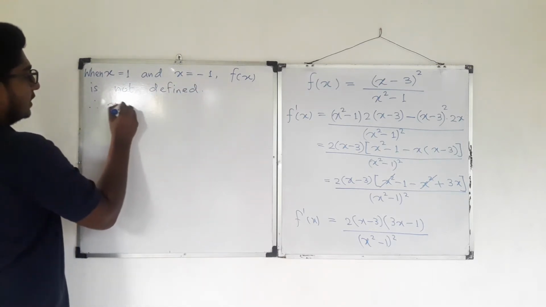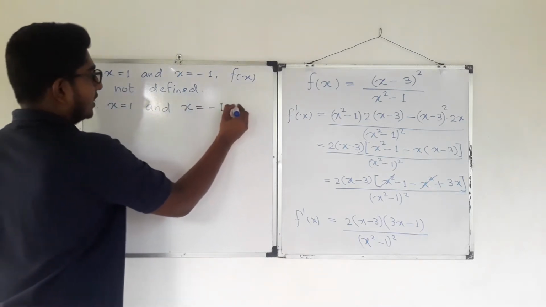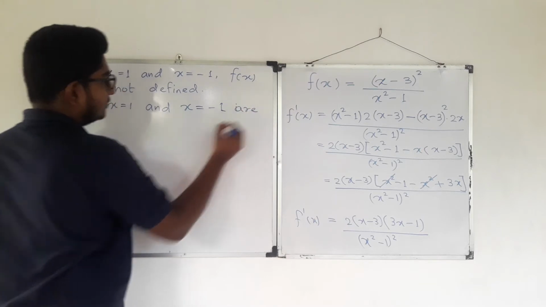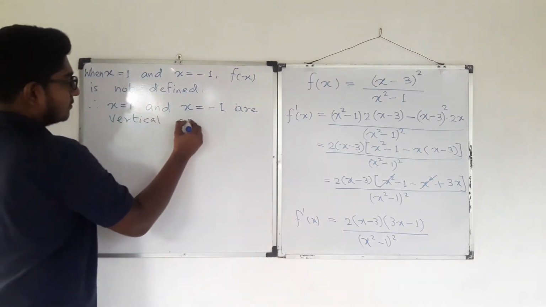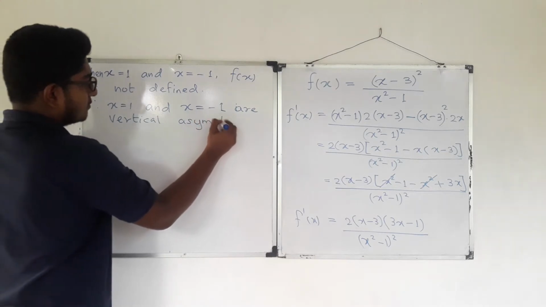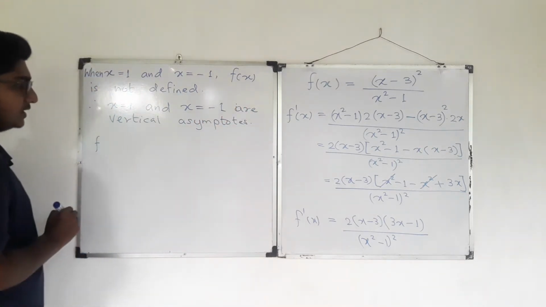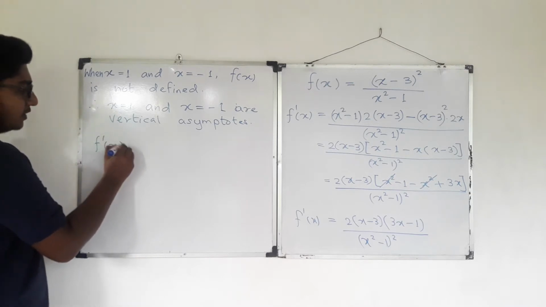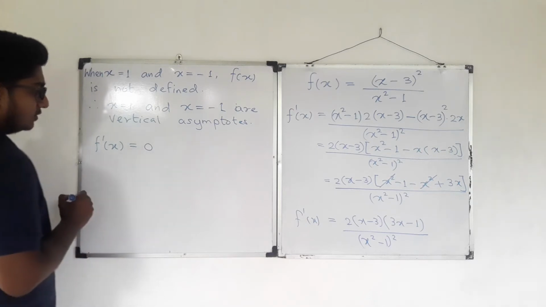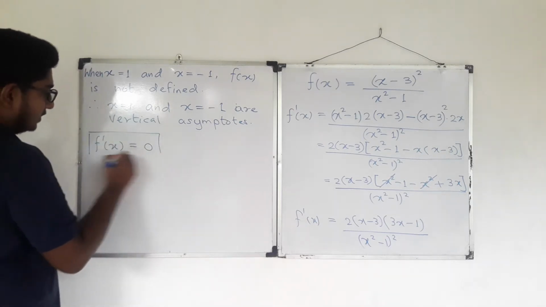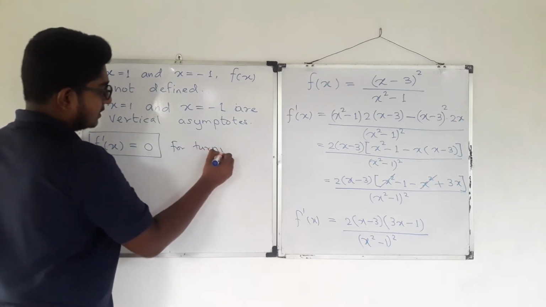Therefore, x equals 1 and x equals minus 1 are vertical asymptotes. Then we have to identify the turning points. For that, we have to equate our derivative f dash x to 0. So this is the condition for turning points.